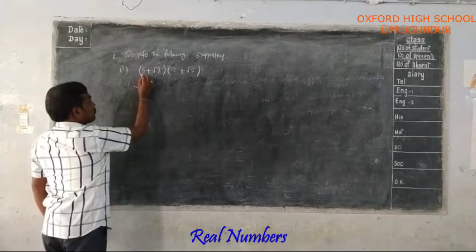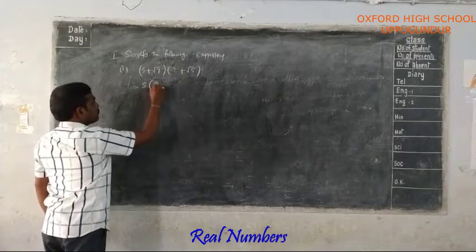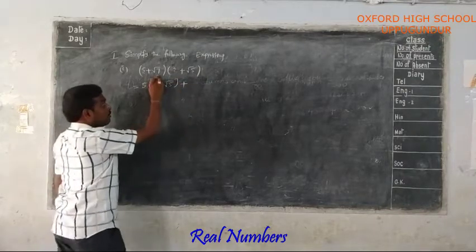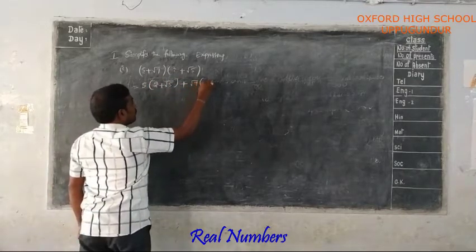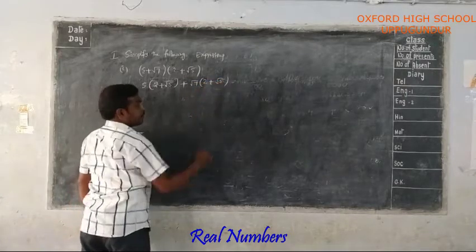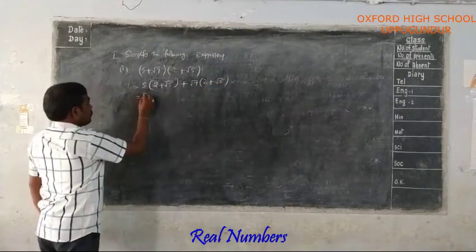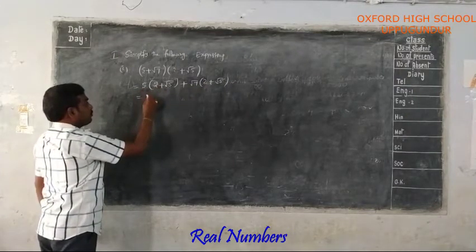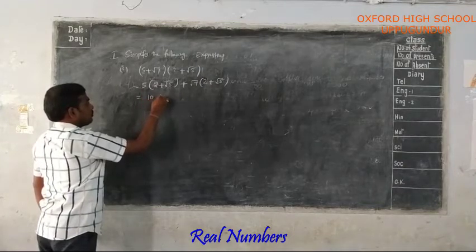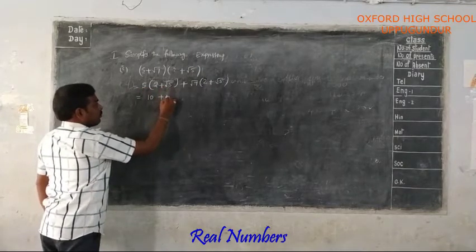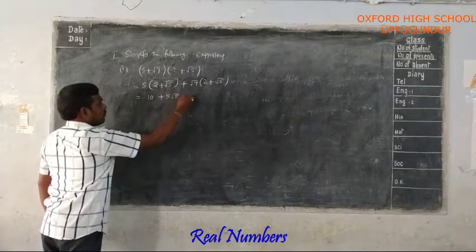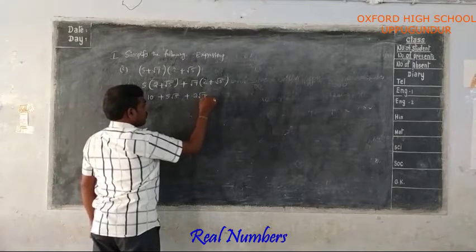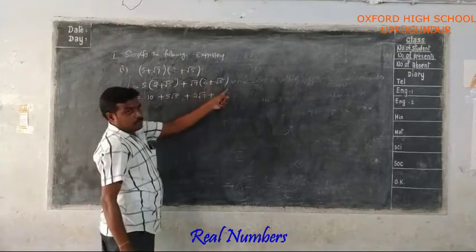So the first term of the first binomial, 5 into (2 + √5), plus the second term of the first binomial, √7, into the second binomial, (2 + √5). Now each term of this binomial you have to multiply with 5. 5 into 2, 10, plus 5 into √5, 5√5, plus √7 into 2, 2√7, plus √7 into √5.